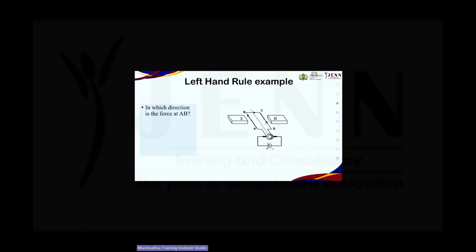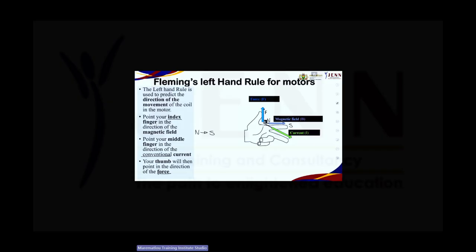Now, I want you guys quickly to take your left hand and make your fingers at right angles to one another, like I showed you with this illustration. Your thumb is going to point upwards. Then you have your index finger, and you also have your middle finger. Can you see all of them are at right angles to one another?